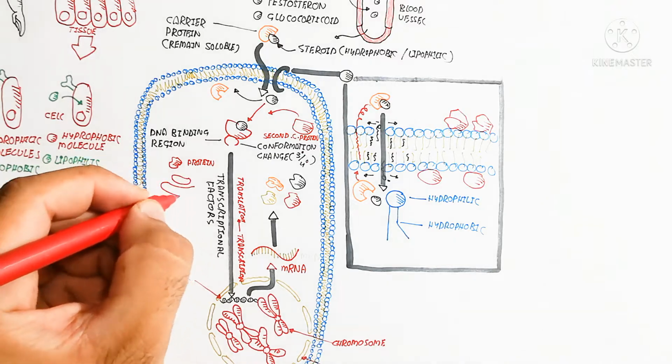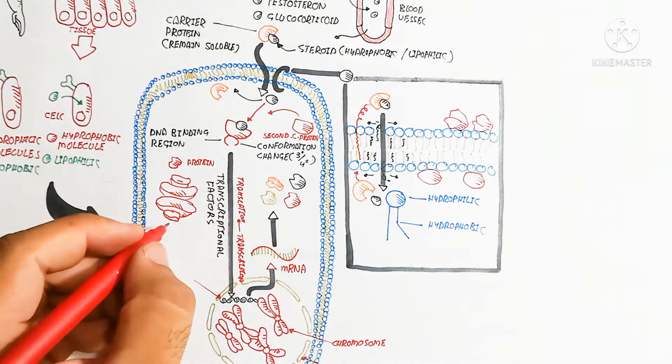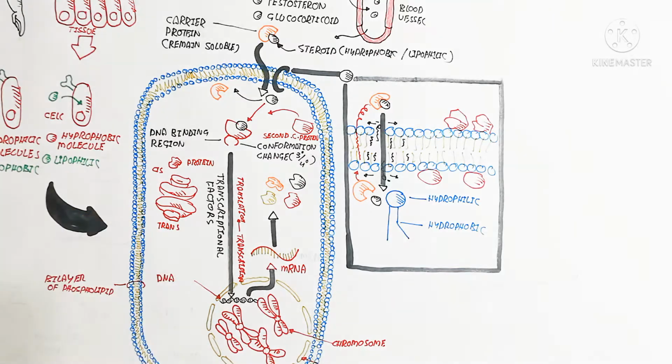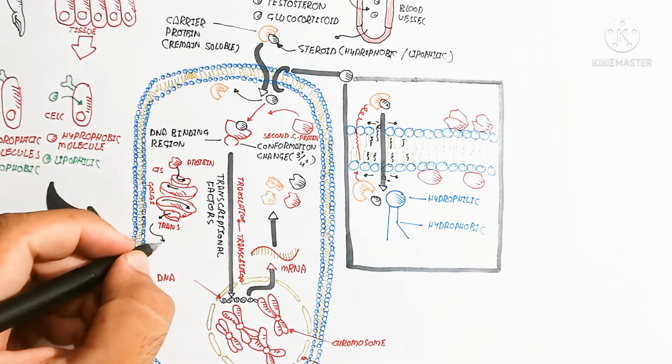This protein matures in the endoplasmic reticulum and goes into the Golgi bodies. In the Golgi bodies, it binds with the cis face and is transferred through maturation to become a vesicle.